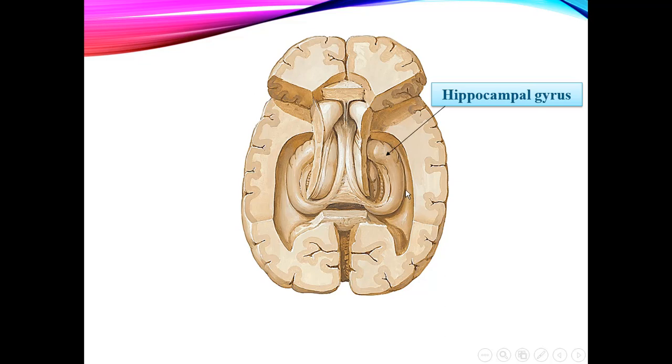As I said, the hippocampal gyrus or hippocampus is located in the inferior horn of the lateral ventricle. This space around the hippocampus is the inferior horn of the lateral ventricle.